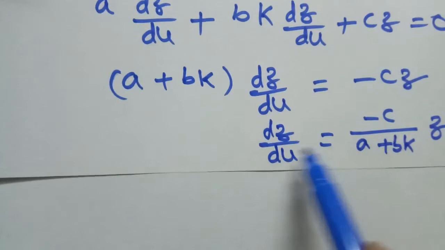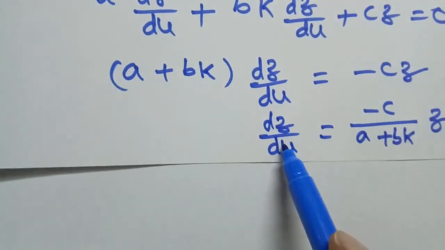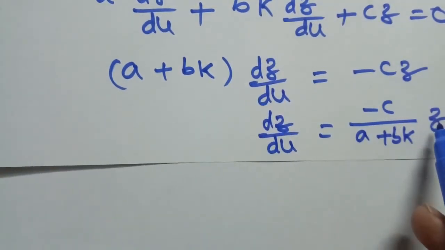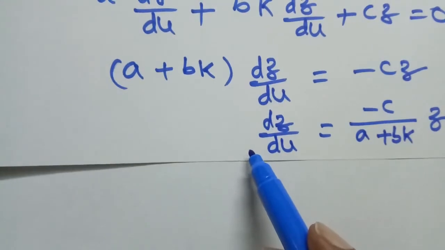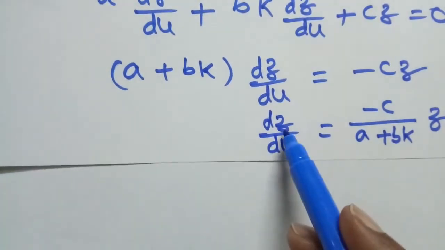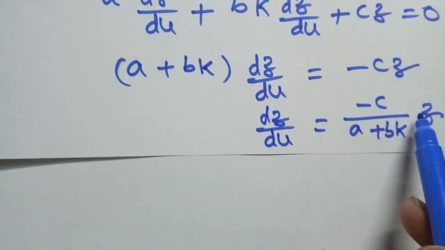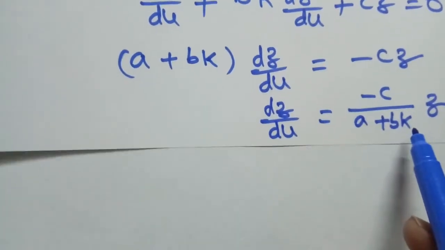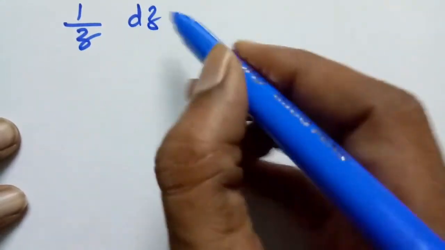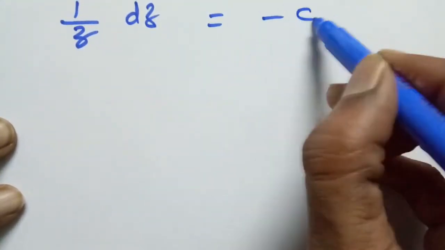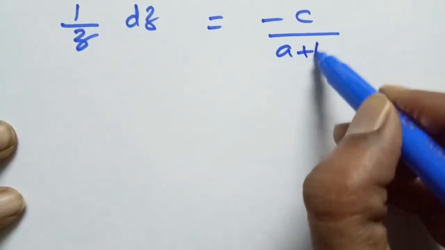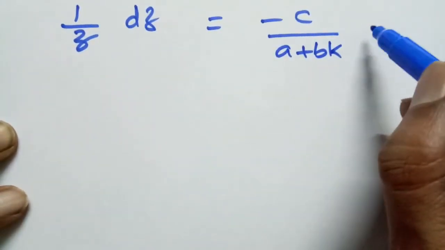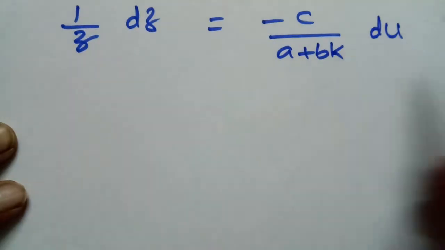By variables separable, z variables one side, u variables other side. Therefore we are writing z in the left hand side. That becomes 1 by z into dz is equal to minus c by (a plus bk) into du.